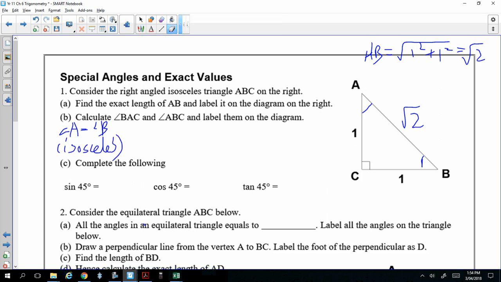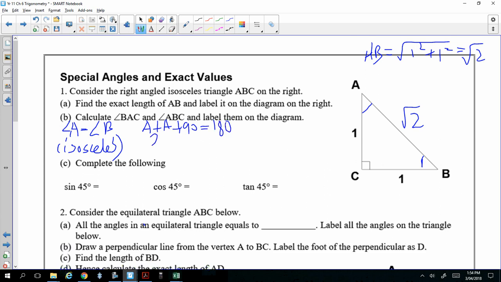Once we know they're equal, this is still not enough to work out the missing value. We have to use another rule. They're equal, but because we know the angle sum of a triangle is 180, we can work out the value of A and B. So maybe we can go like this: A plus A plus 90 is 180 because of angle sum, because they're both A's.